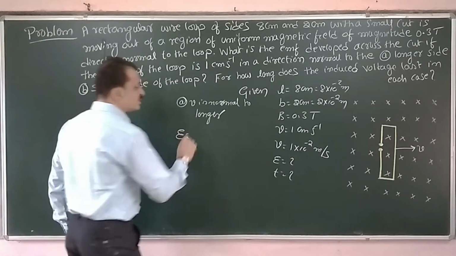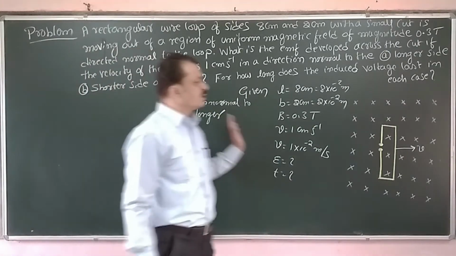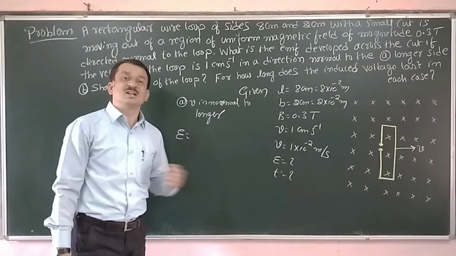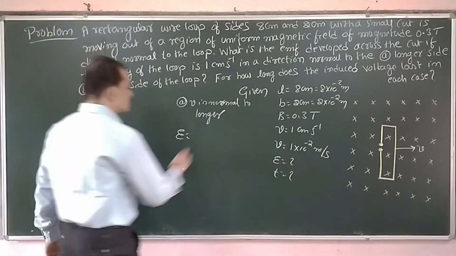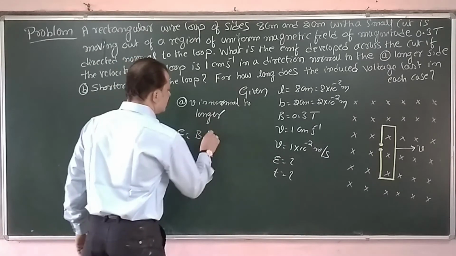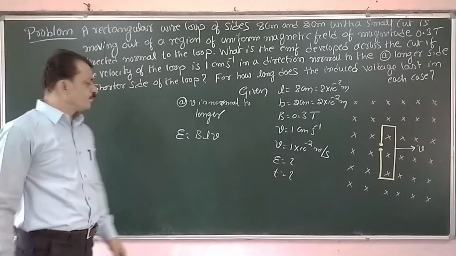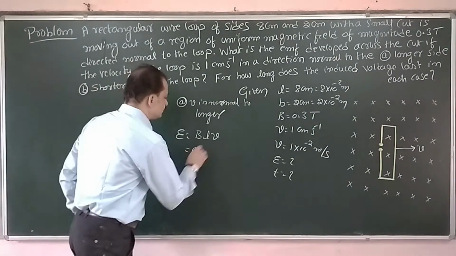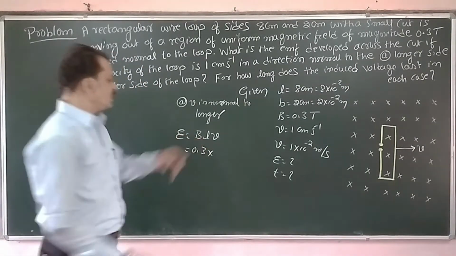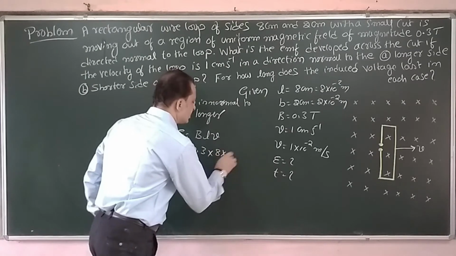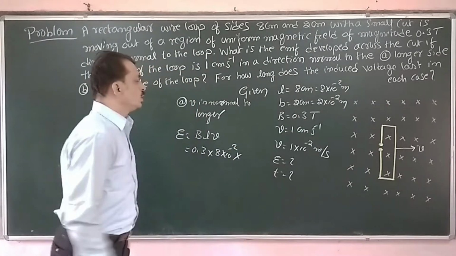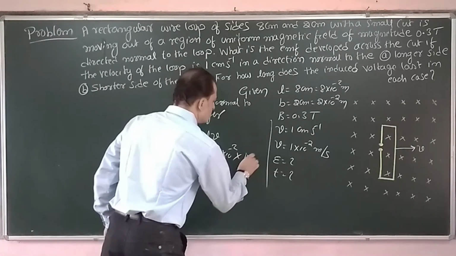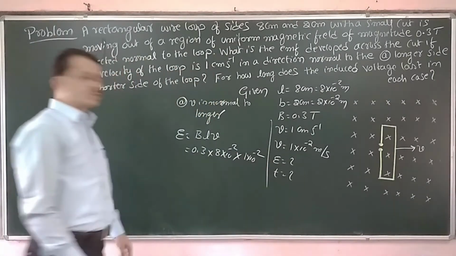Motional EMF. Since here we are considering the motion of the conductor, we can work out motional EMF. The expression for motional EMF is BLV. Simple expression. The field is given, it is 0.3. Length, it is 8 centimeter, 8 into 10 raised to minus 2. And velocity, it is 1 into 10 raised to minus 2.